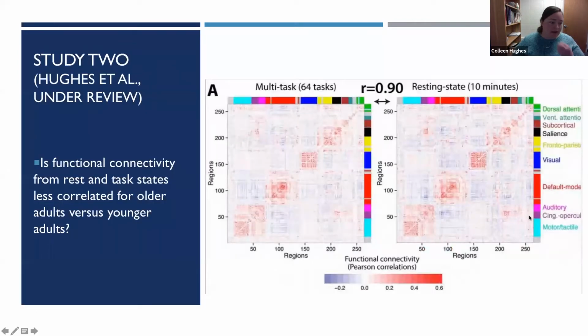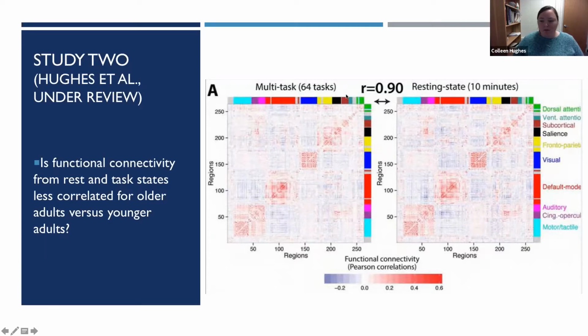Some more recent work that just went under review is now looking at what's the relationship between rest and task states among older and younger adults. The reason why this is important is oftentimes when we're thinking about task fMRI, we're comparing two conditions with itself, and we're looking at very local effects. And so we're not really sure what's necessarily happening at the wider scale or the more global scale of brain connectivity in this case.